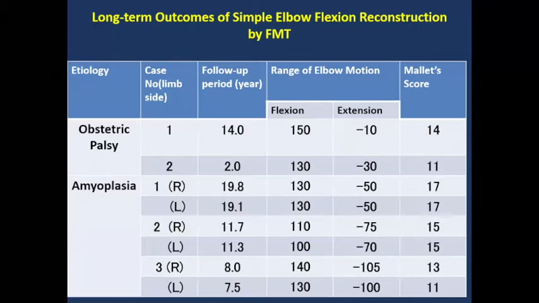Children with amyoplasia obtained satisfactory elbow flexion, but the elbow flexion contracture varied from -15 degrees to -100 degrees, depending on the power of the elbow extensor.